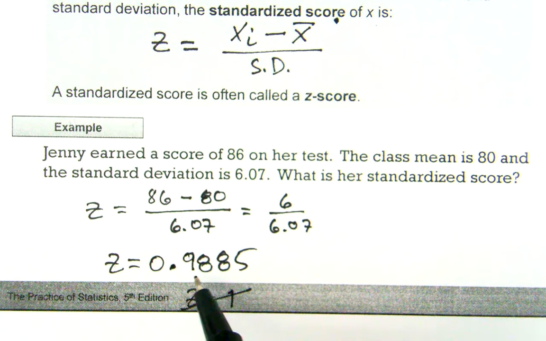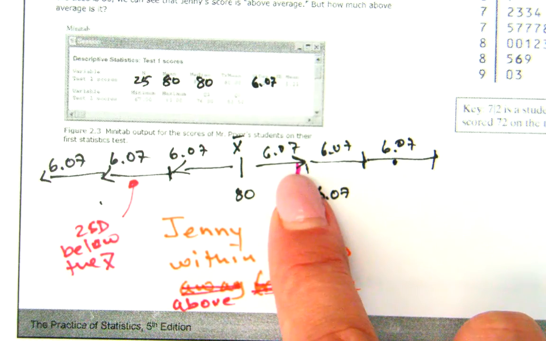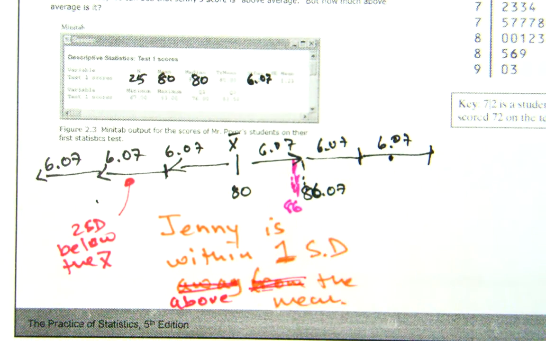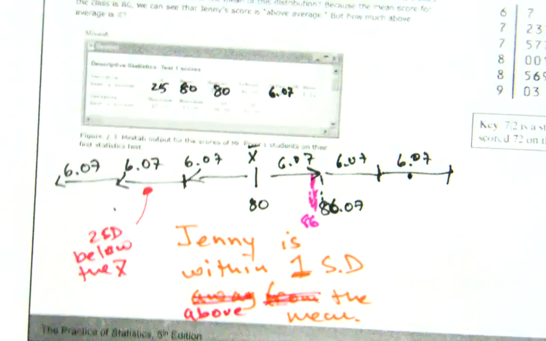I'm sorry, this is how many standard deviations away from the mean she is. That's the best way to say it. It makes more sense in my head once you get the picture of it. That would put her almost at 1 standard deviation, but not quite. But she is within 1 standard deviation.